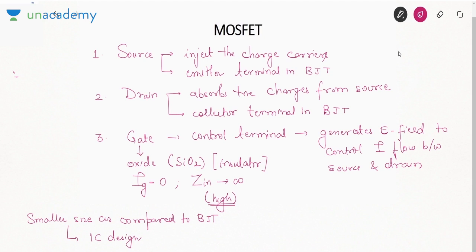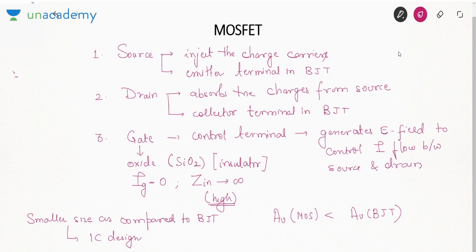So in integrated circuits, MOSFET is the more preferred choice as compared to your BJT because it has smaller size. But also at the same time, the voltage gain of MOSFET is less than the voltage gain of BJT. Meaning BJT acts as a better voltage amplifier as compared to a MOSFET.